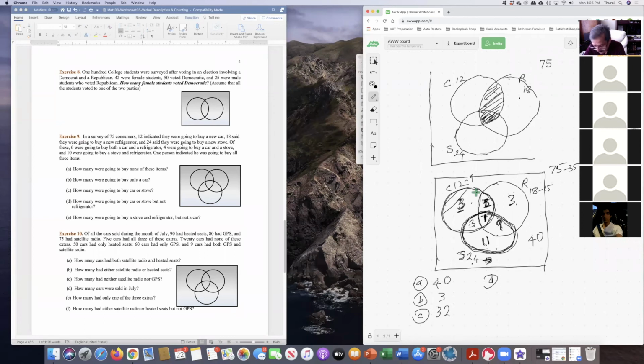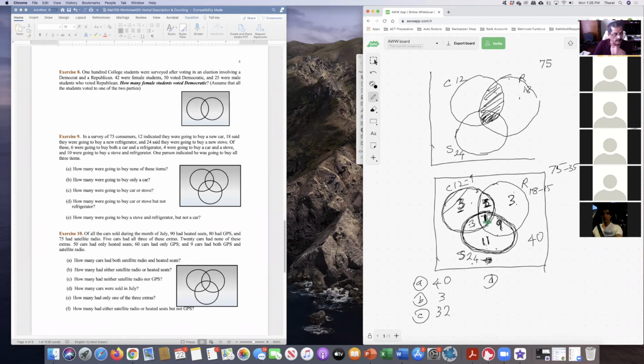Yes, including the intersection. The part in the intersection is also either buying car or stove. They are buying both, so they are counted in the people who are buying either, right? So the intersection will be counted as part of that answer.